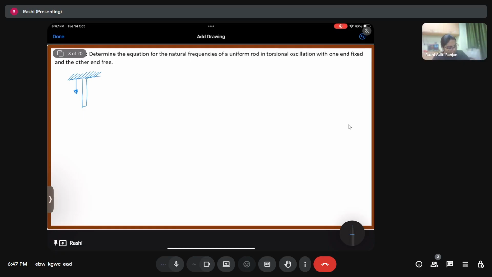Now this is a uniform rod and we have to consider the torsional oscillation, something like this, the torsional oscillation.